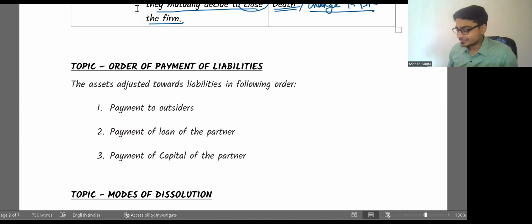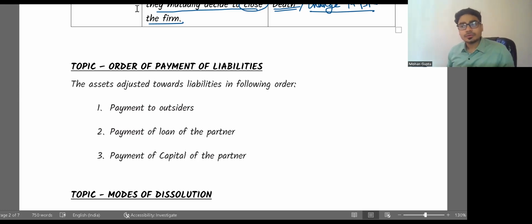Oh no, wait. It would be outsiders first, because if they paid the partners first, and their amount was a bit higher than the payment to the outsiders, it would cause the outsiders to take the company to court or something like that. Yes, you are right.